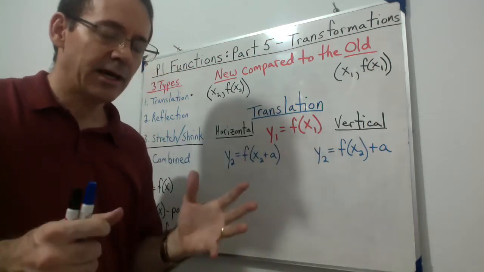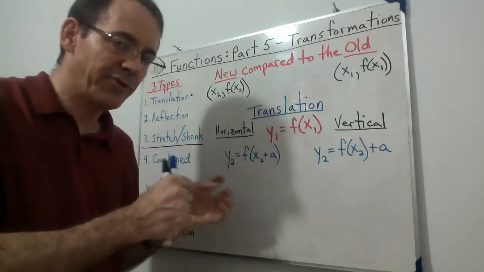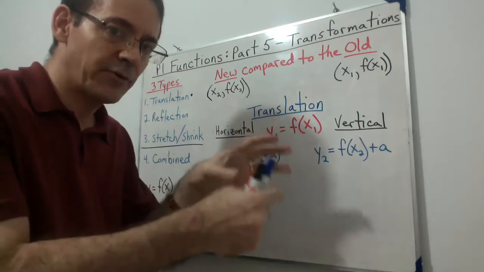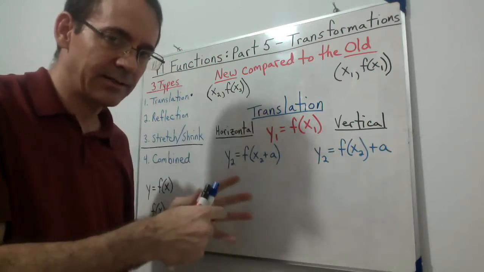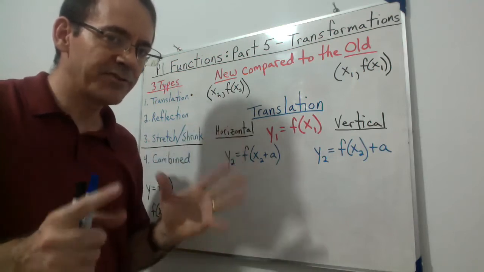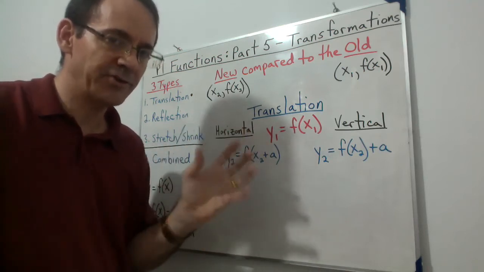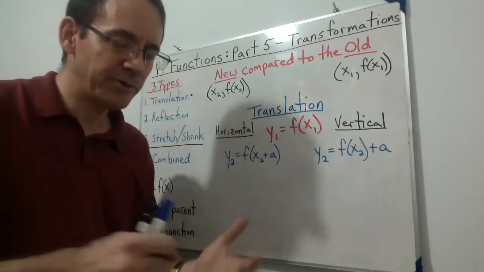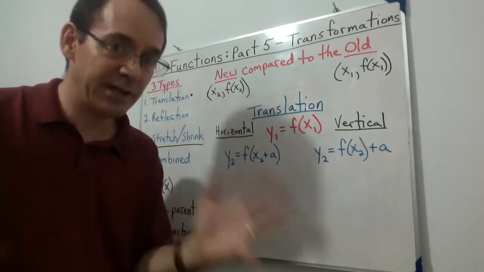Either way, you should be able to go from the algebraic explanation to the graph, or from the graph to the explanation. So this really involves more mental understanding than it does skill set. So I hope you're taking notes. That way the video won't be so boring.